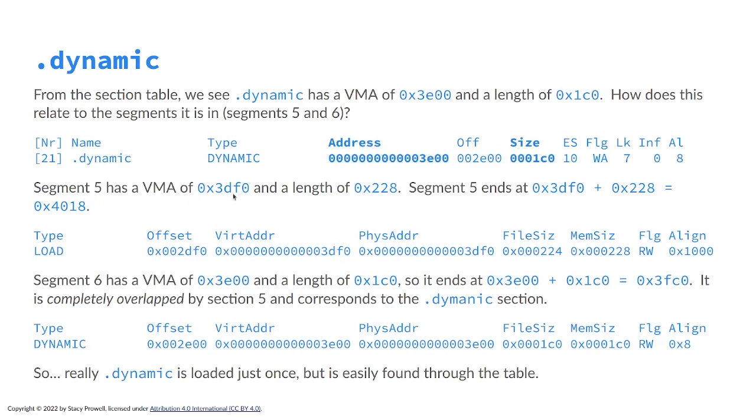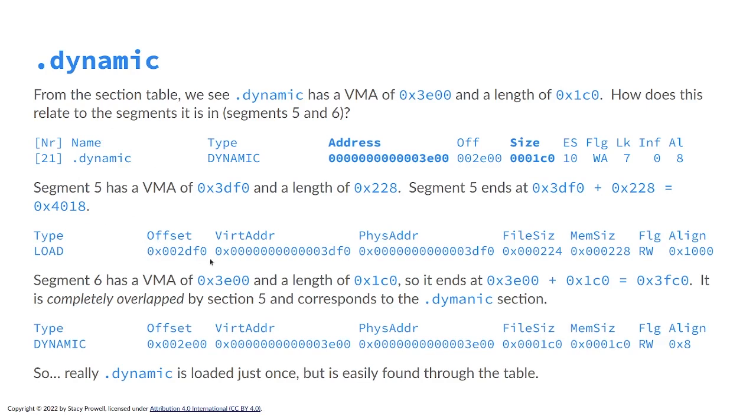It has a VMA of 3DF0, which is a little before that, and a length of 228. So it's going to end at 3DF0 plus 228, or 4018. So it runs from 3DF0 to 4018, and that contains all of .dynamic.